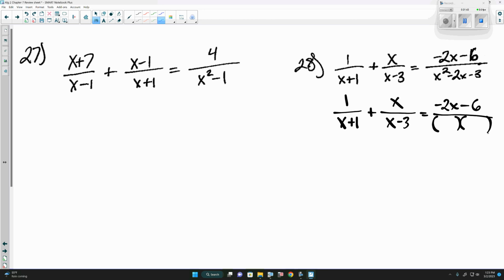So x squared minus 2x minus 3. Since the 3 is negative, our signs are opposite. Factors of x squared are x and x. Factors of 3 are 1 and 3. It works out that we do have x plus 1 and x minus 3. Now we do need to list our restrictions.